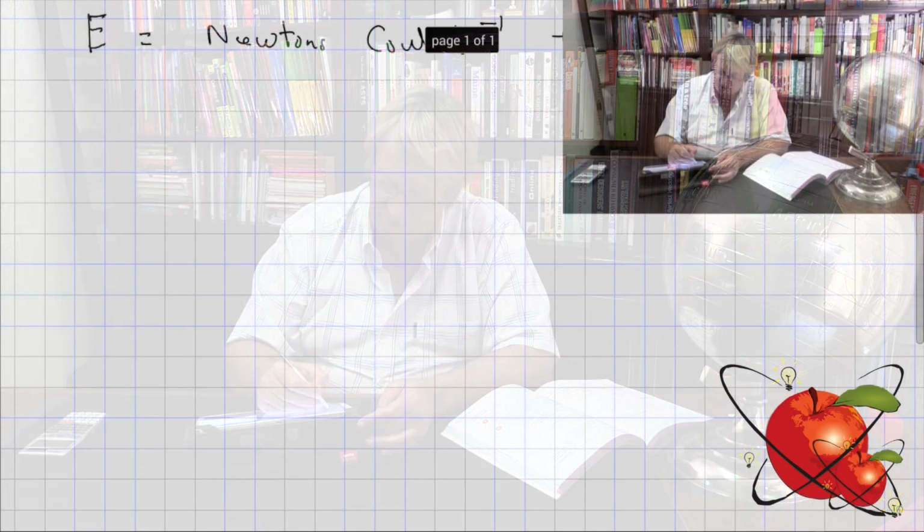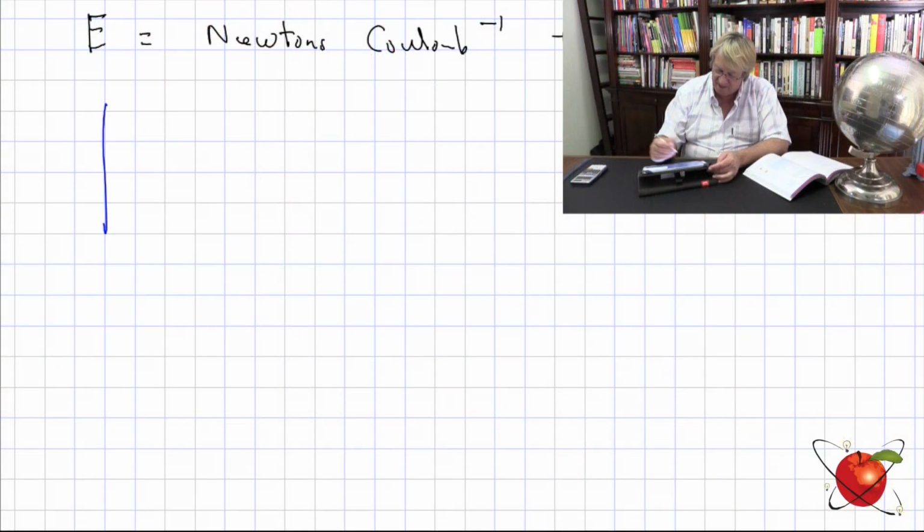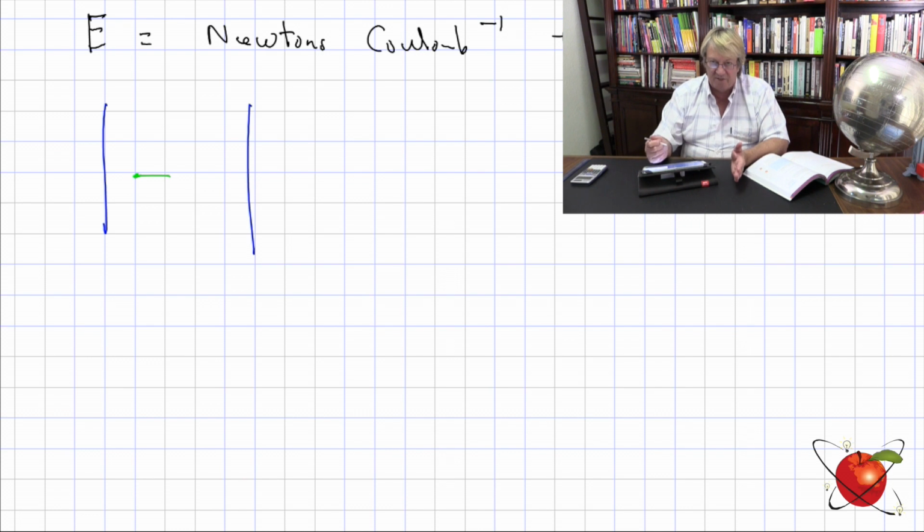Once again, some kind of question can be set. There's a plate, and we hang a test charge, and the test charge is moved that way. Draw the field between the two. Well, how do we do it? We say, this is a positive charge, so we label it.